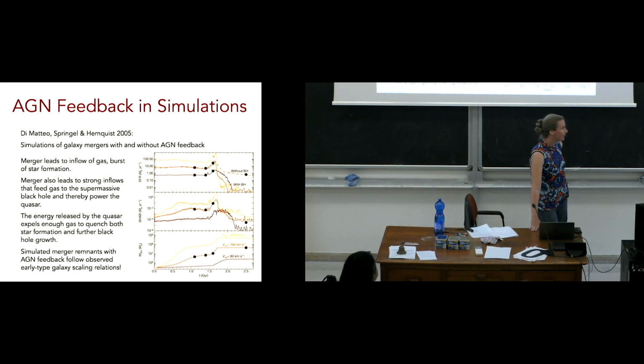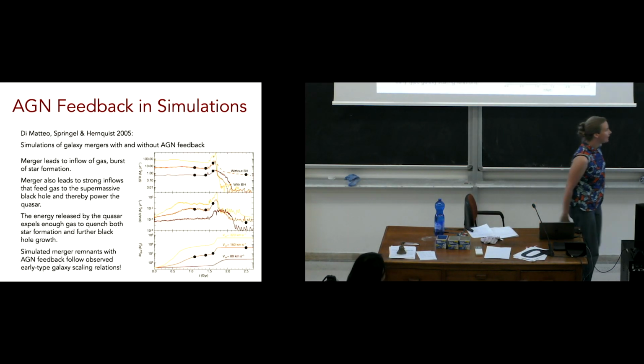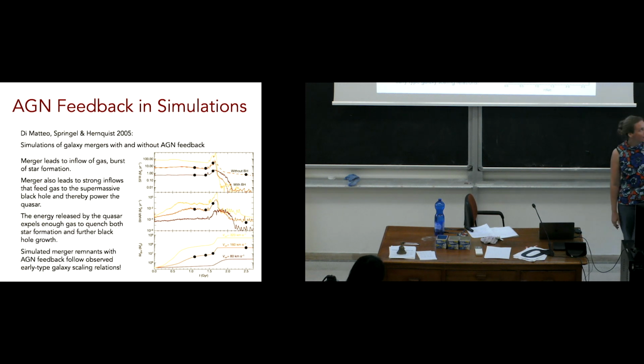And let's look at this in detail here in terms of the star formation rate, where we can of course look at the case with black hole and without, and then the black hole accretion rate and mass of the black hole changing in a bunch of different mergers in the case with feedback.